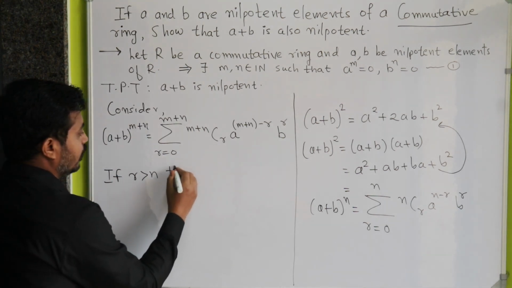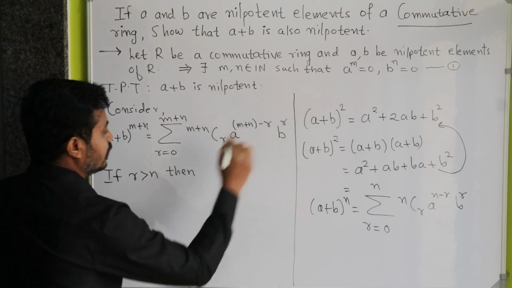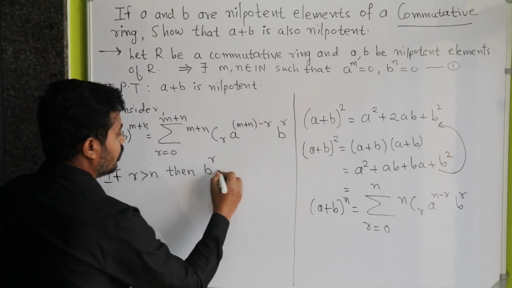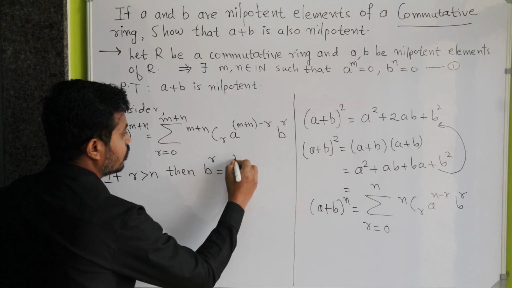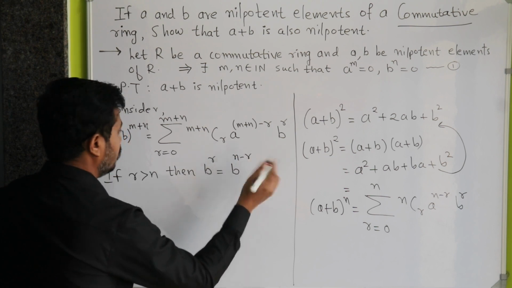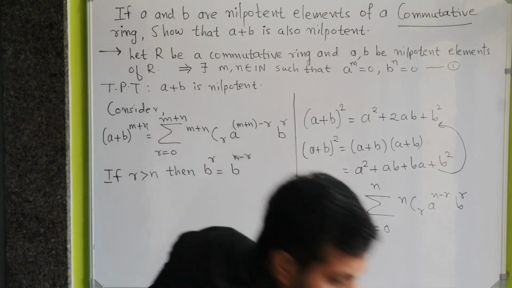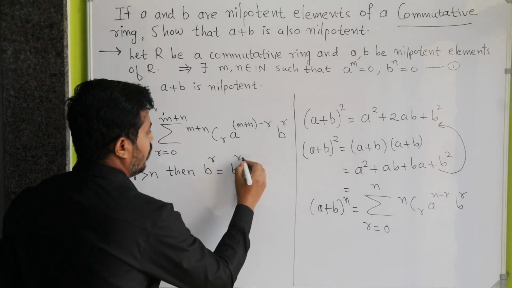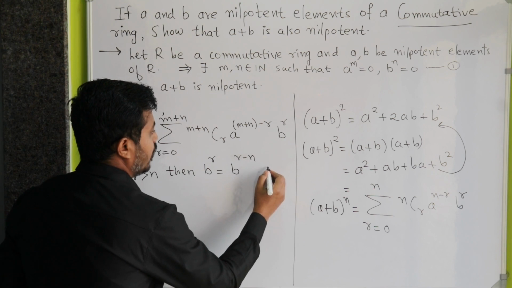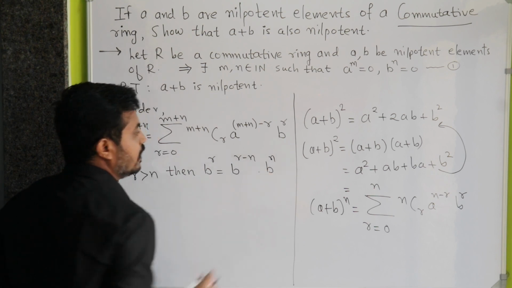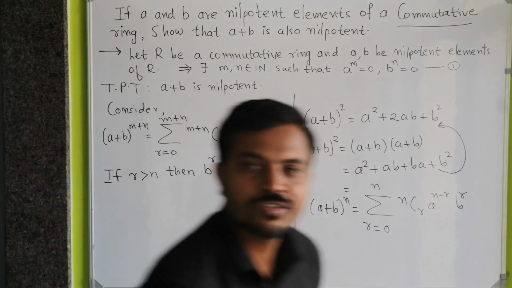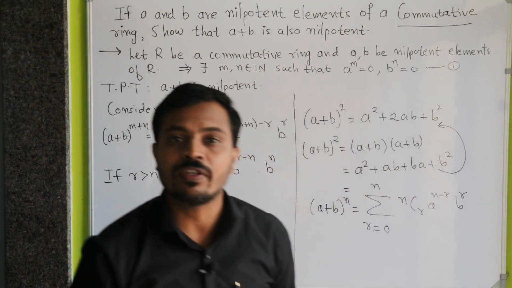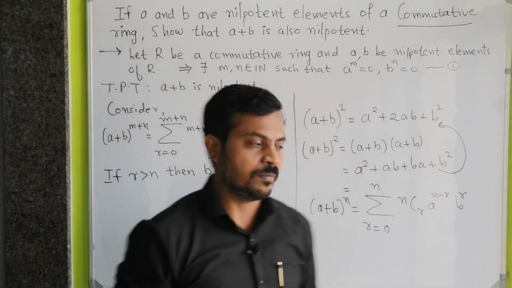If r is greater than n, then b raised to r can be written as b raised to r minus n multiplied by b raised to n. This is simply by laws of indices that we can use in ring theory.